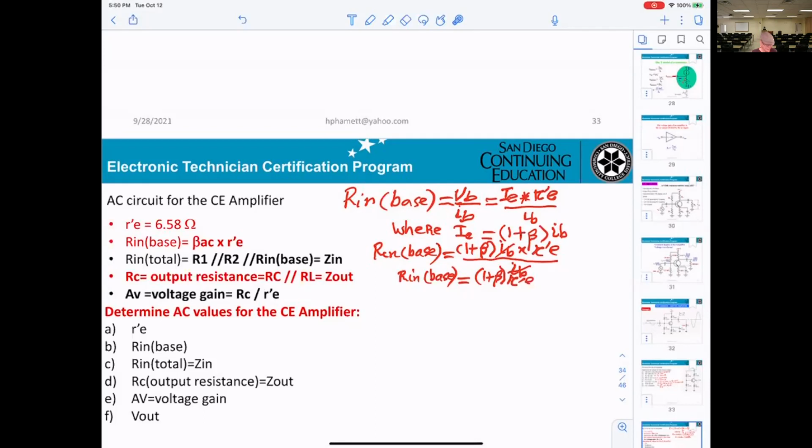So what you need to do, you're doing calculation for me, R in base. Telling me what you get. Hey, Mr. Pham, on the beta, you got the DC beta and you got the AC beta. So are you saying use either one? No, normally they give you only one. However, sometimes they give you AC and DC.